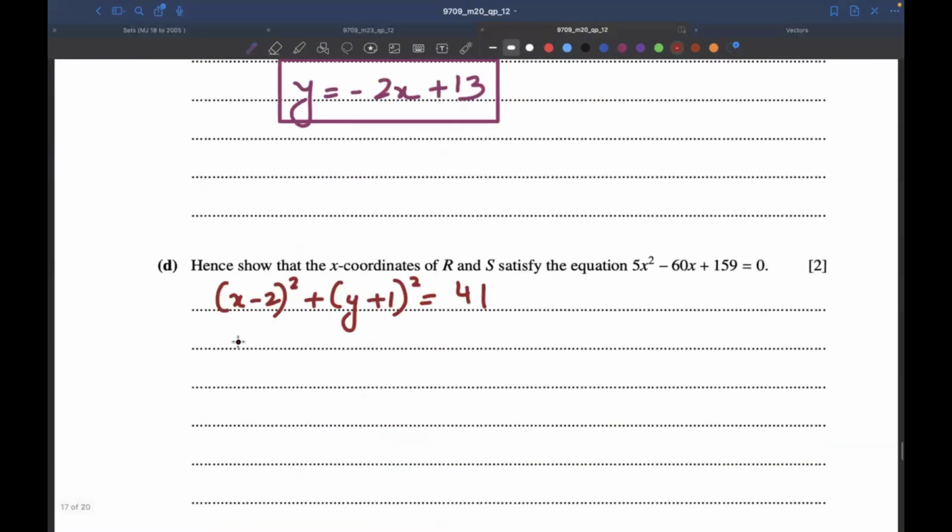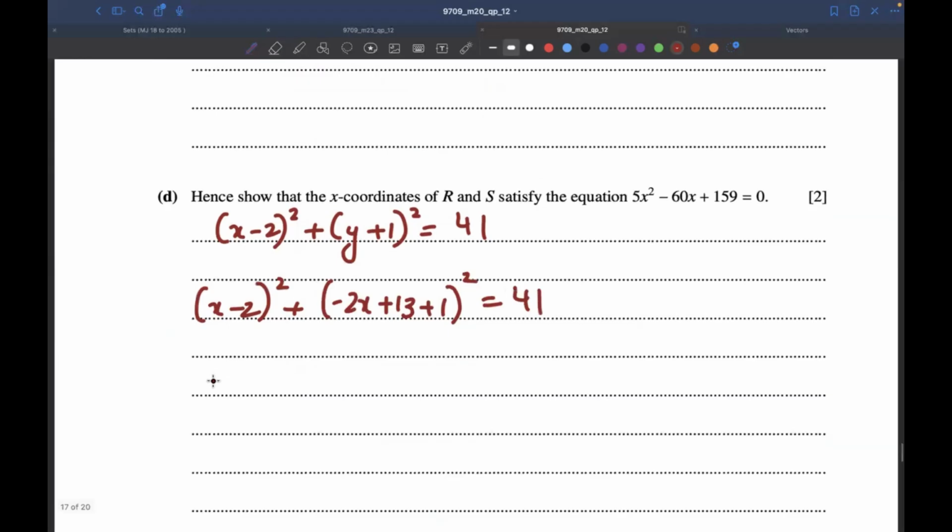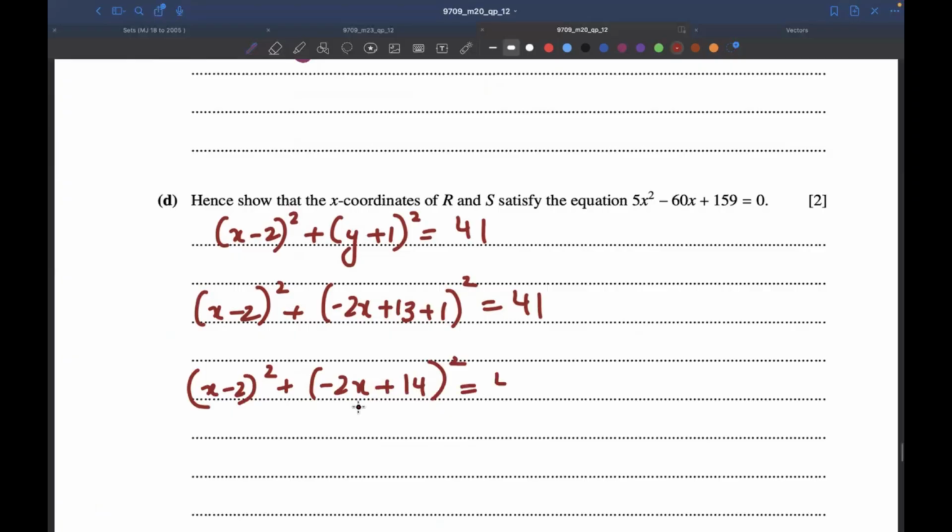We can substitute in place of y: minus 2x plus 13, plus 1, whole squared equals 41. So when we simplify this it will become (minus 2x plus 14) whole squared equals 41.